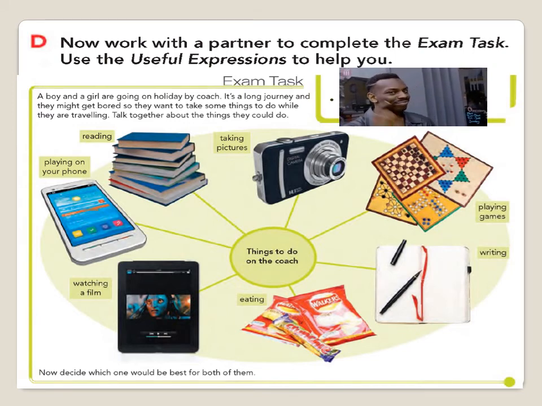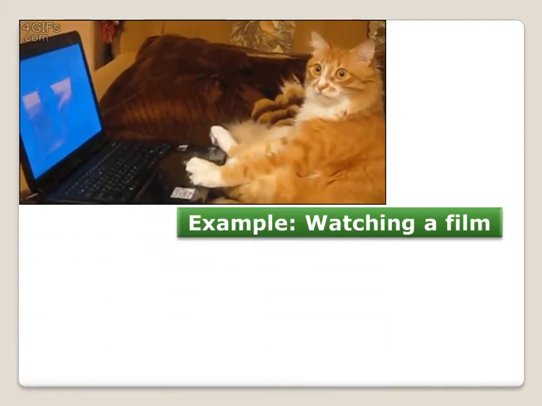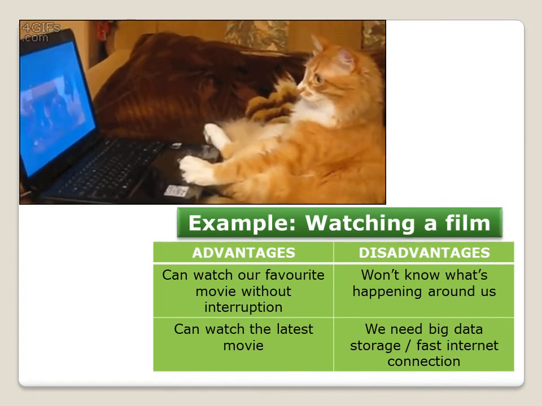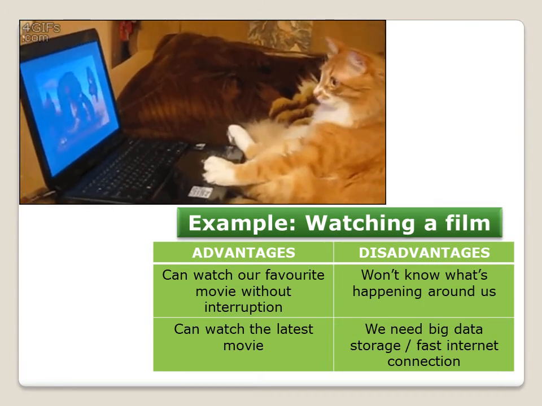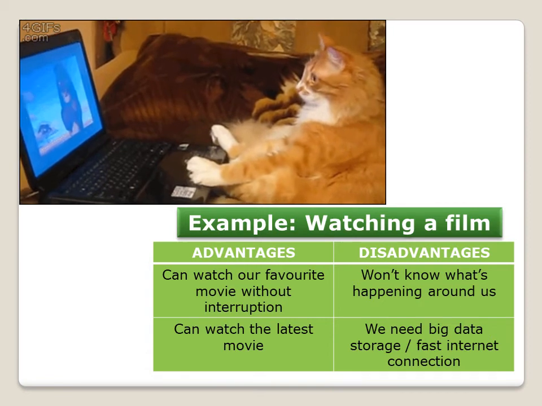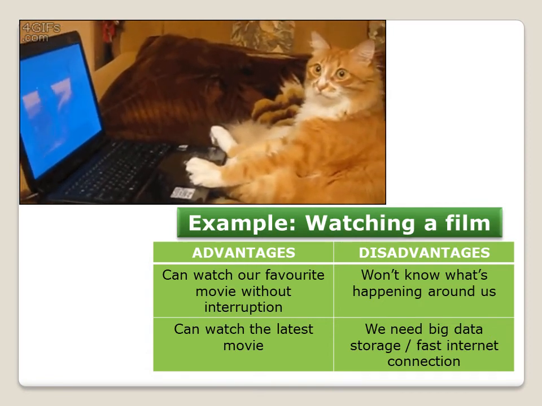Now I give an example. The example is watching a film. So I have listed out the advantages and disadvantages, 2 advantages and 2 disadvantages. Now, let's use the useful expressions here.